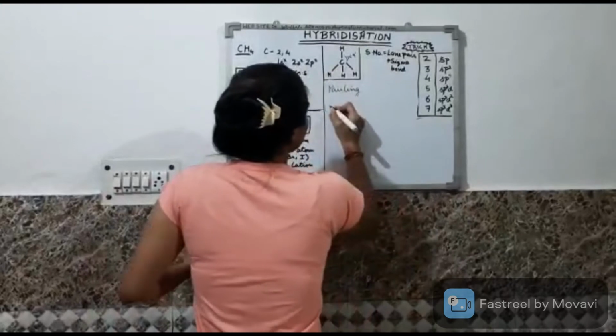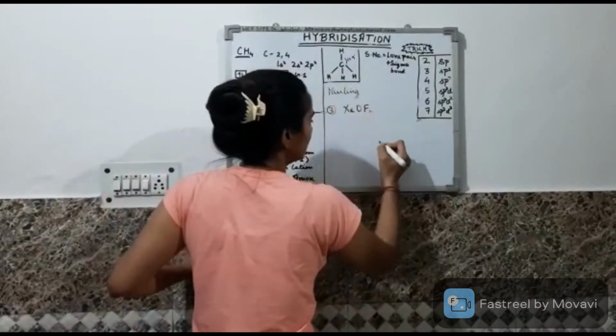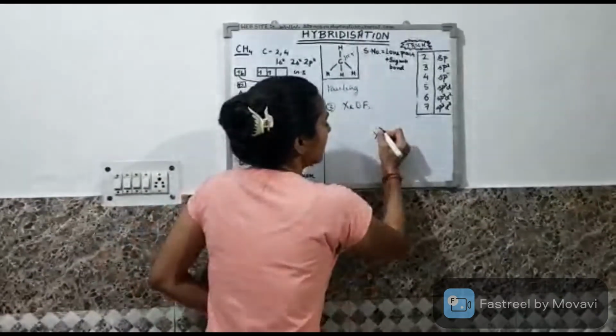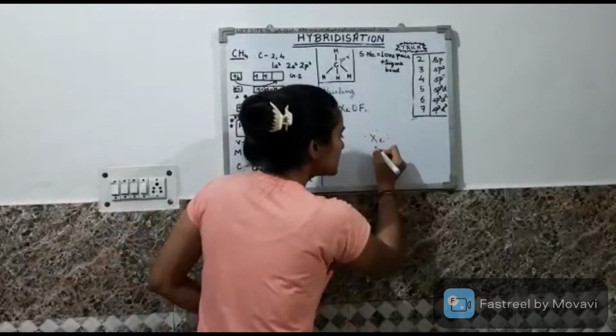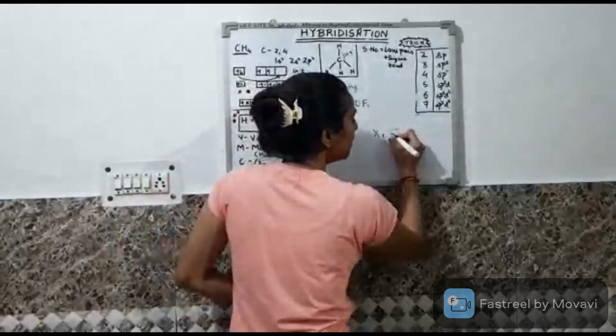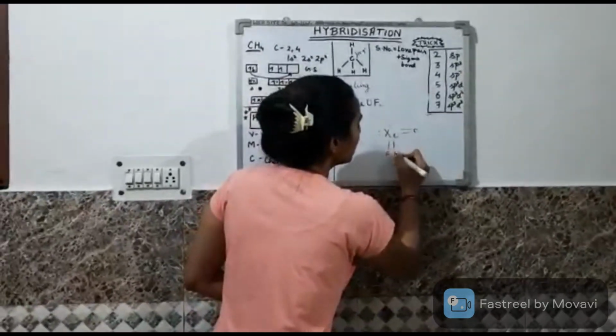Simple. Second example is XeOF2. Here Xe is the central atom and it is a noble gas, so 8 valence electrons. Oxygen will form a double bond. 2 fluorines, draw 2 fluorines around it.